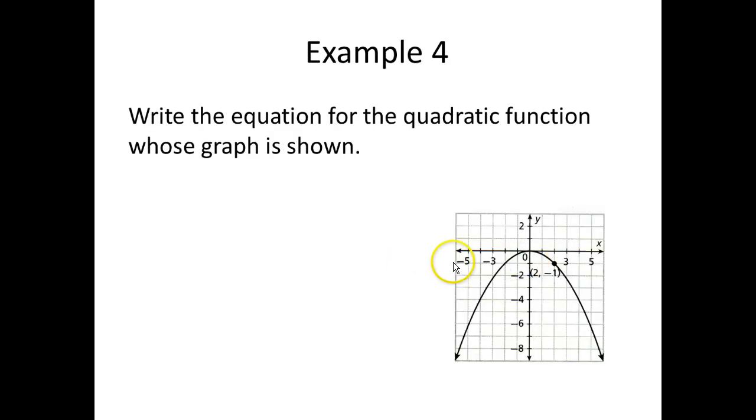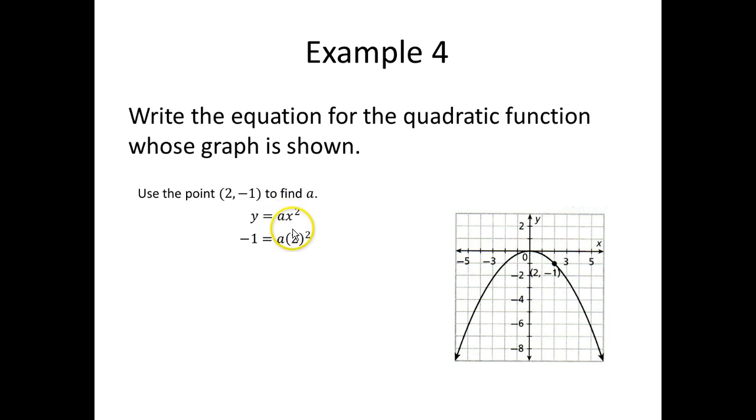So in this example, suppose that we're given this quadratic function and we would like to write the quadratic function's rule based on the graph. What we're going to do is use a given point to find the value of a. So we're looking for a function of the form y equals some number a times x squared. What I do is substitute the input-output pair in for my variables.